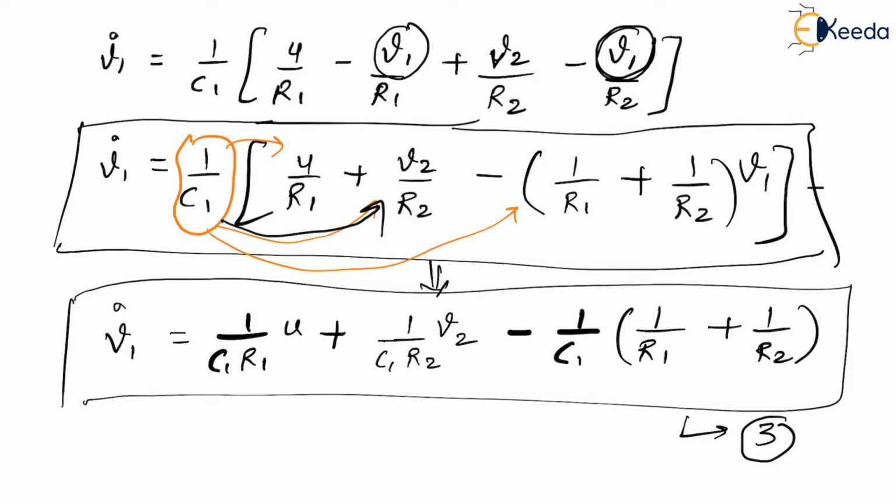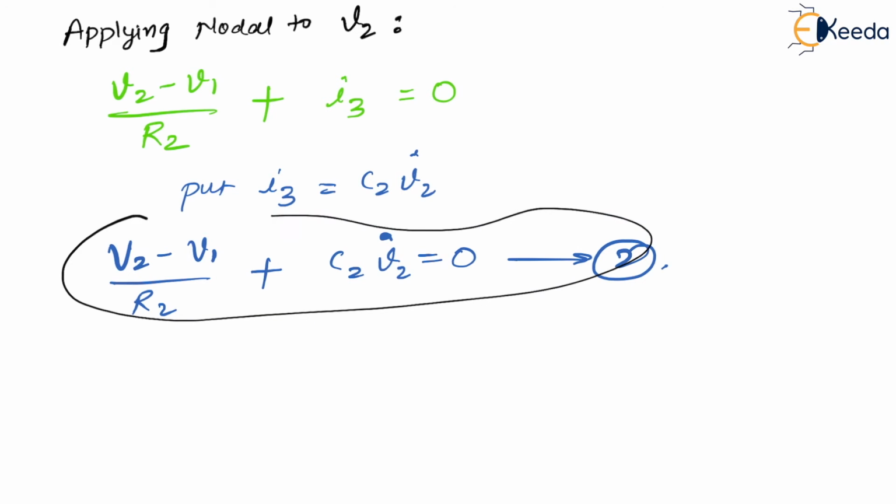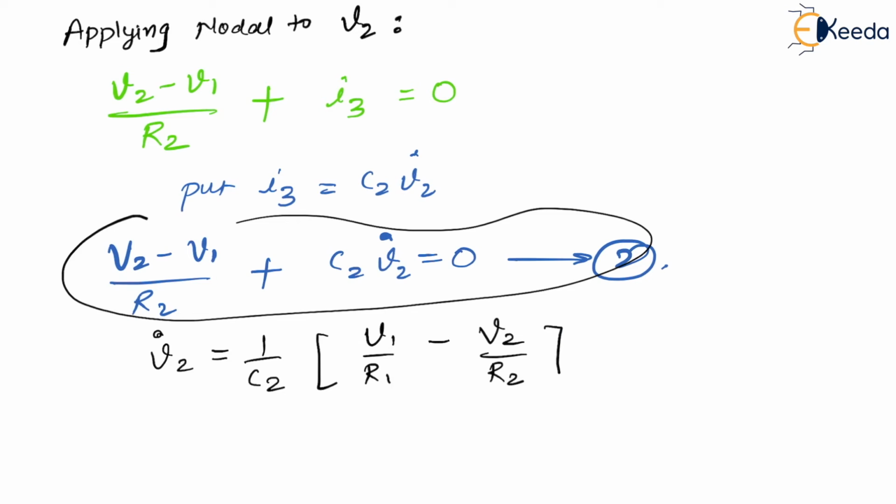Now let us think of the second equation which we had got. If I think of V2 dot, it is going to be 1 by C2 into V1 by R1 minus V2 by R2. Getting my point, right?